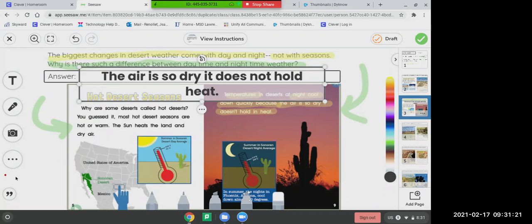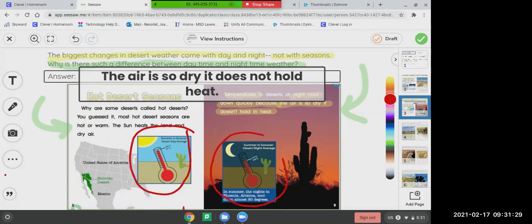I noticed some text features that help me. I noticed these pictures here of thermometers. Thermometers are the tools that scientists use to read how hot or cold something is. So during the day when the sun is out, I notice that the thermometer is higher.